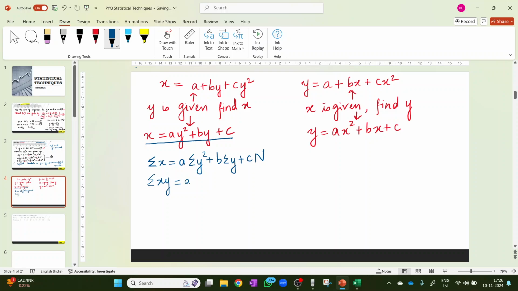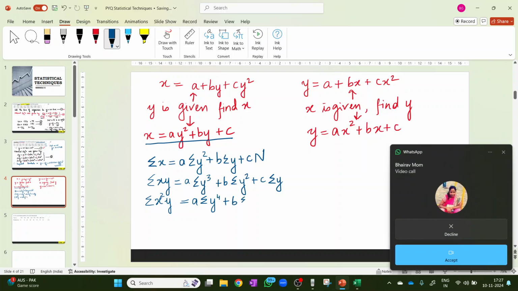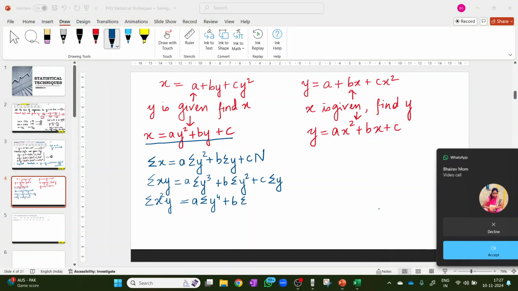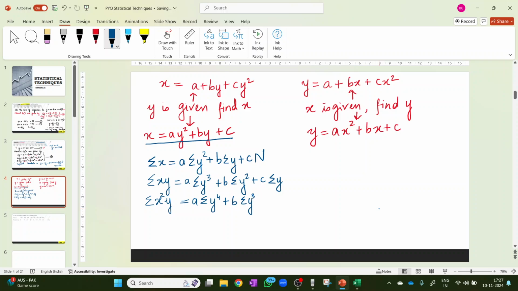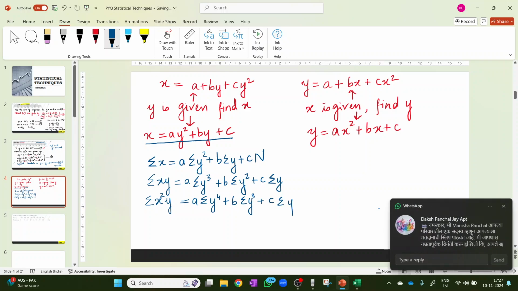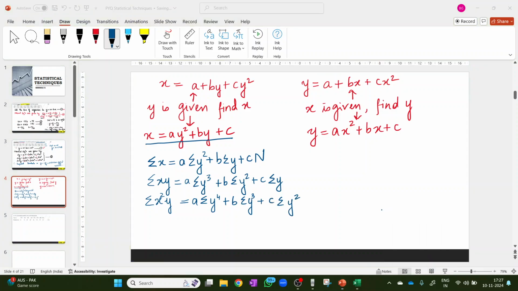I'll get summation xy, a summation y cubed, b summation y squared, and c gets a summation y. Lastly, I'll multiply again by x because there are three variables. I'll have three normal equations. So I'll get summation x squared y, a summation y raised to 4, b summation y cubed, and c summation y squared.